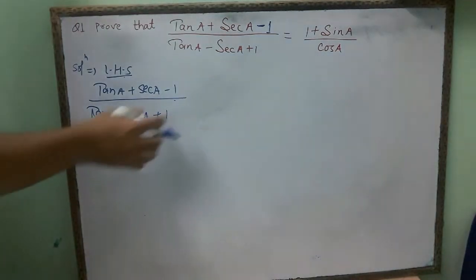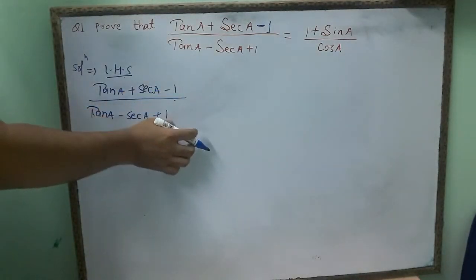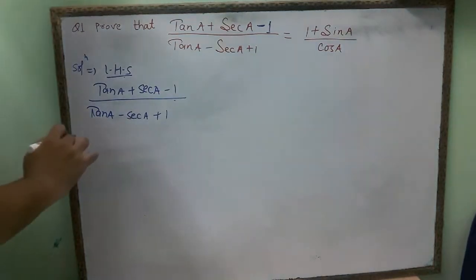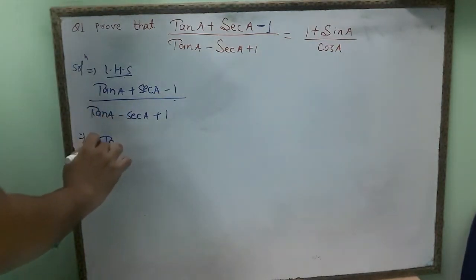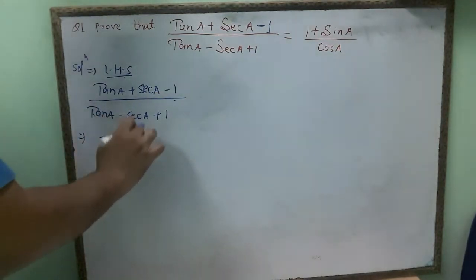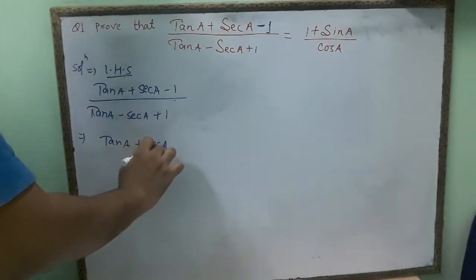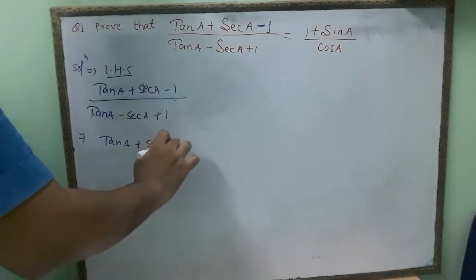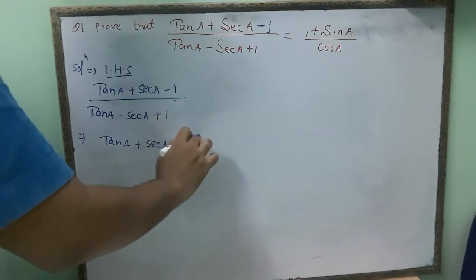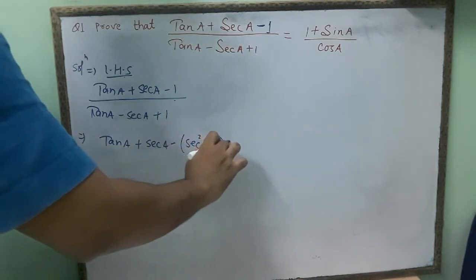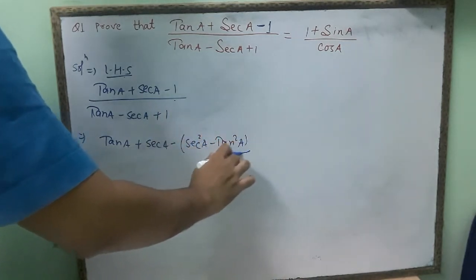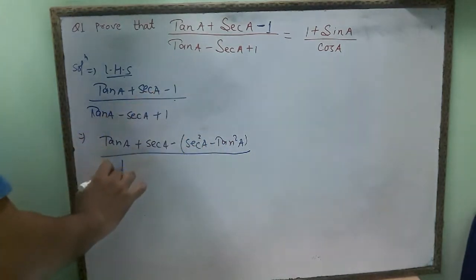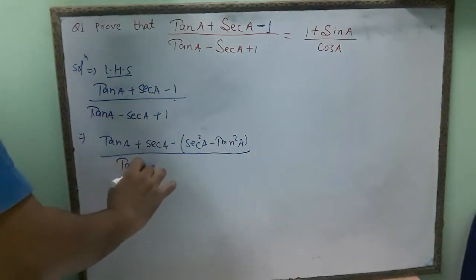We can convert either this one or this one into sec square minus tan square. So as per your convenience you can convert any one. I am converting the above one, so I will write for 1 this one, sec square A minus tan square A. किसी एक को ही चेंज करेंगे, डिनोमिनेटर या न्यूमरेटर में से किसी एक को ही चेंज करेंगे.